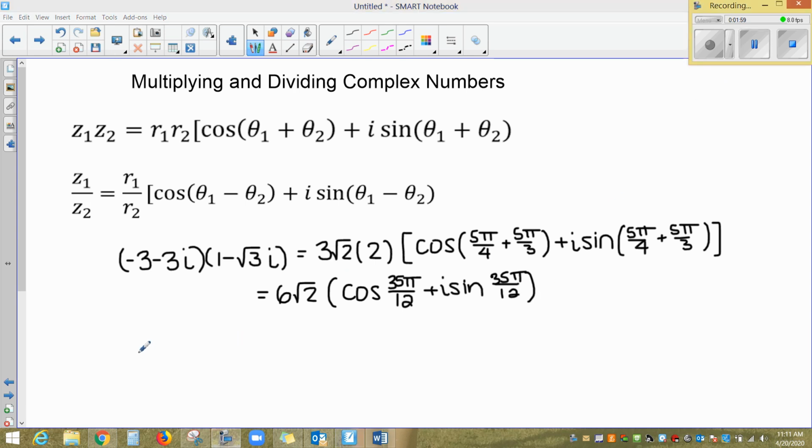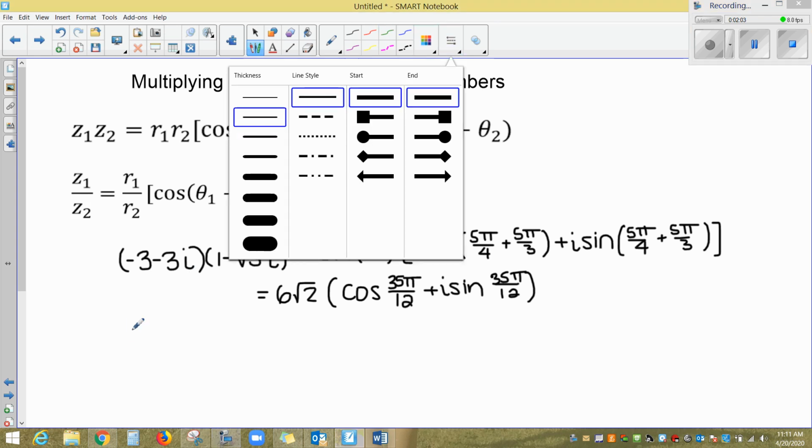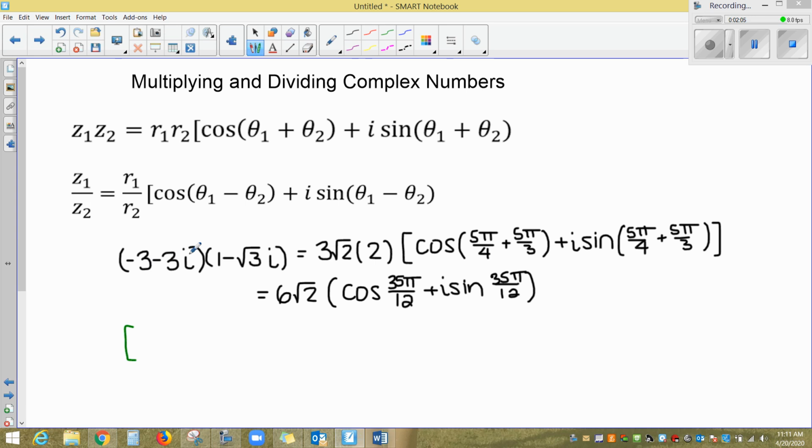Now, if we wanted to, let's do this in a different color, just algebraically multiply those guys together. If we FOIL, we have the first and the outside and the inside and the last.